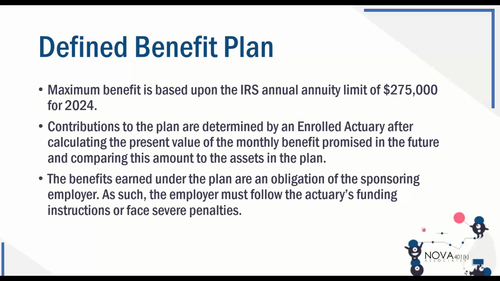The amount of contribution that has to be put into the plan is determined by an actuary, and we follow very strict rules from the IRS of how those are calculated. Once we calculate them and communicate them, they are obligatory, and there are penalties for not making the contributions.